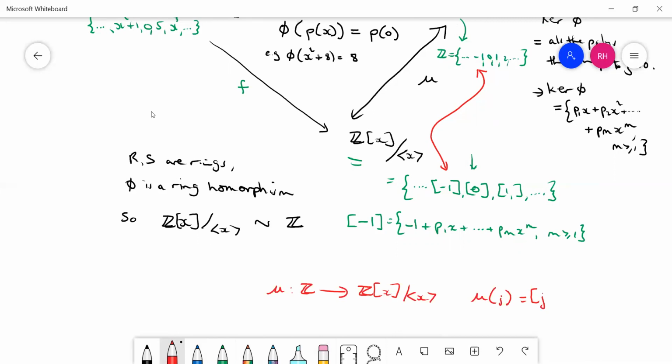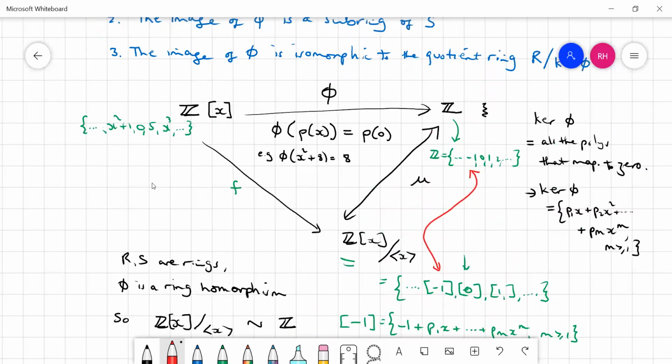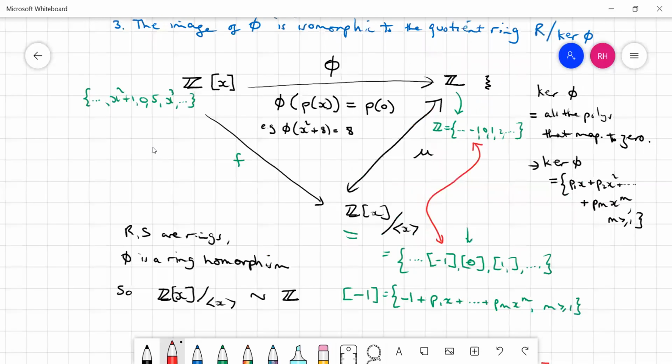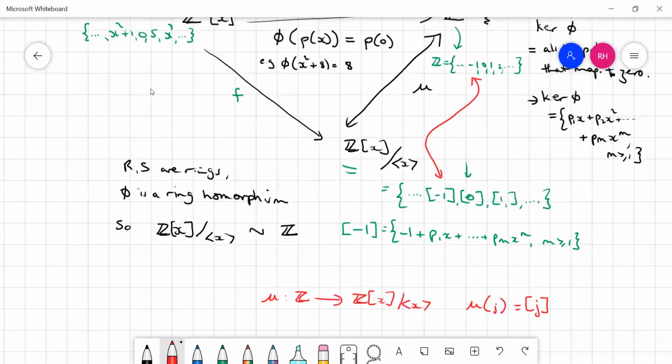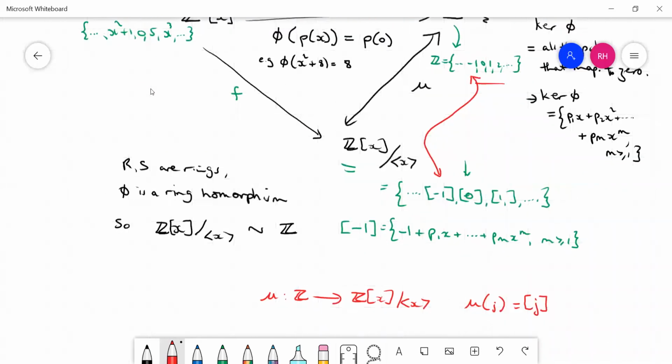I remember when learning this the first time, it seemed incredibly convoluted and difficult. And there are difficult bits of it, but the end result here is actually very, very simple. It's just saying that this is very similar to this. That's really what it's saying.